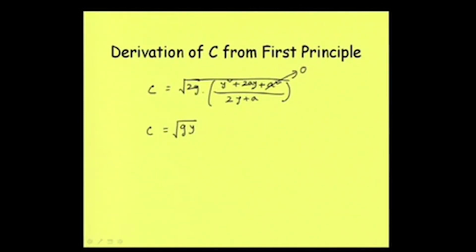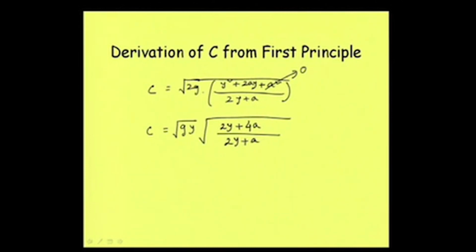So y we are bringing common, and 2 we are taking to that side. So what we can write is root over g y, and then as 1 y has come, it will become twice y, 2 is going inside, and then plus 4a, 2 is going and this is coming. So it will be twice y plus a.